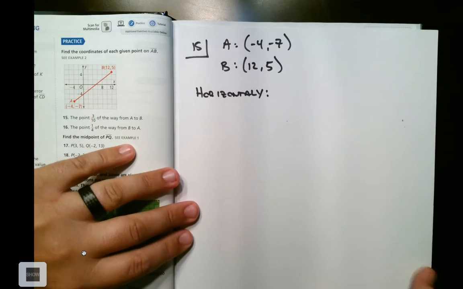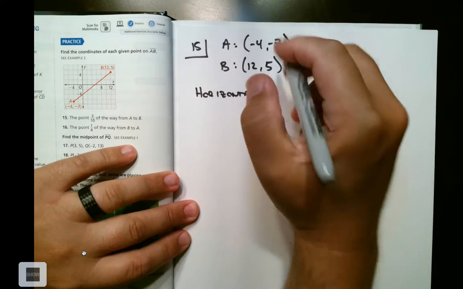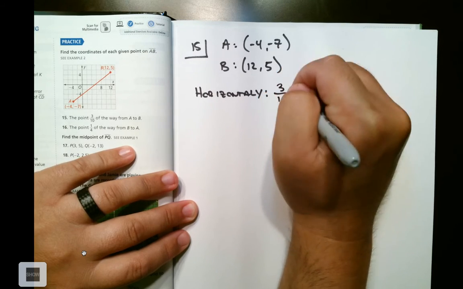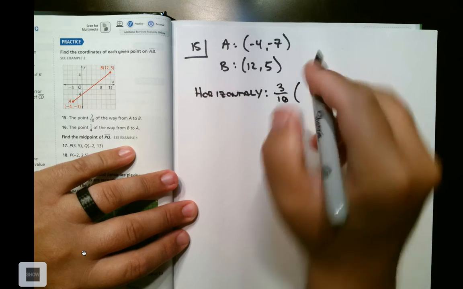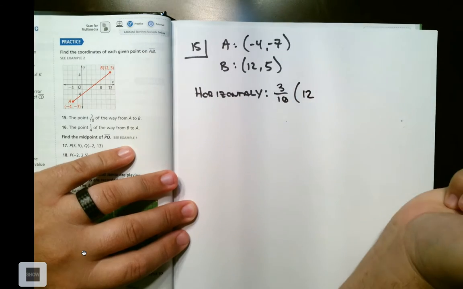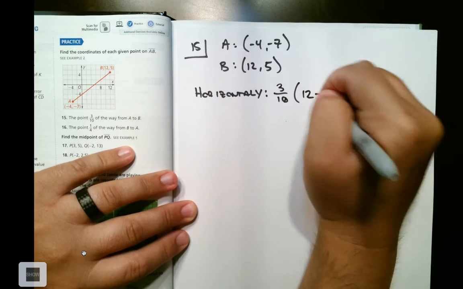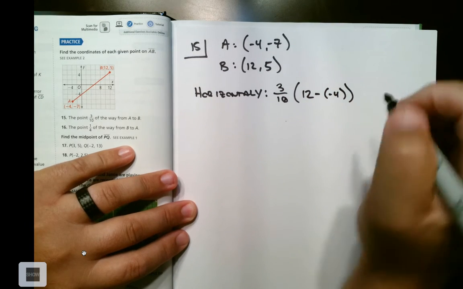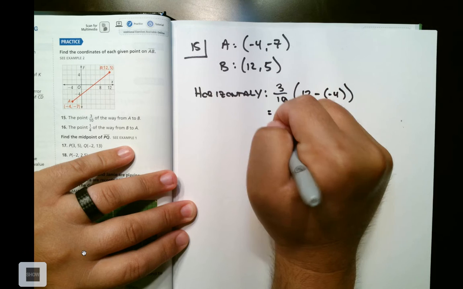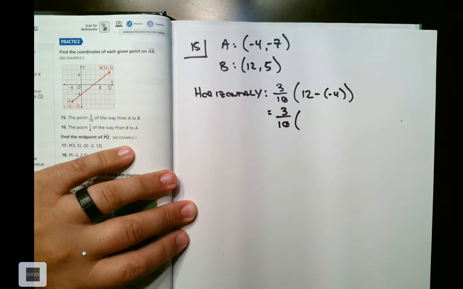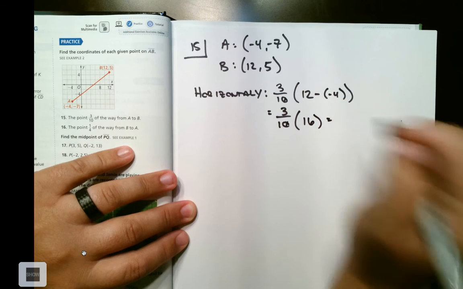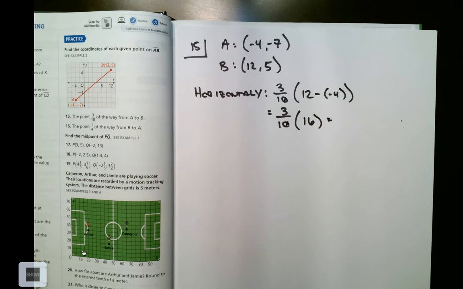So this is changing horizontally. I'm going from A to B. So I'm going to do 3/10. Since I'm going from A to B, I'll start off from 12, subtract -4, and that's going to give me 12 minus -4 is 16. 3/10 times 16.